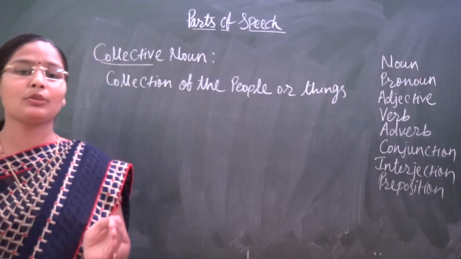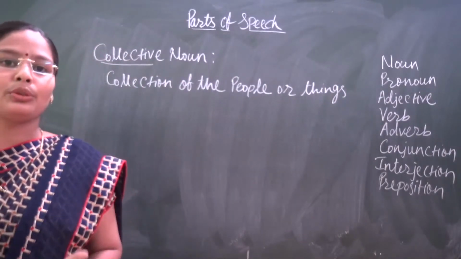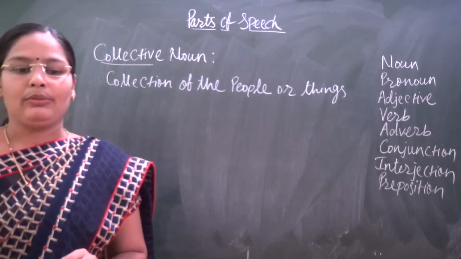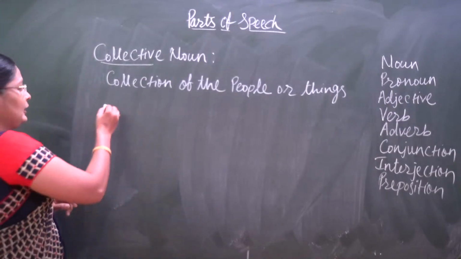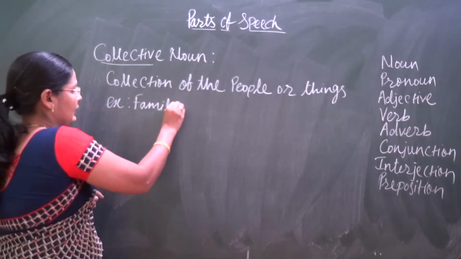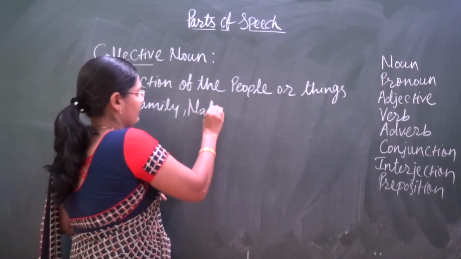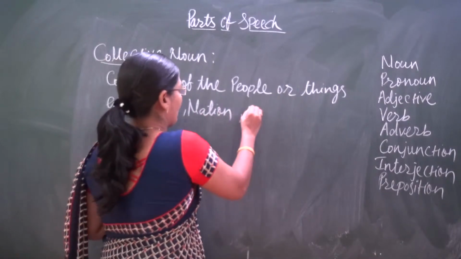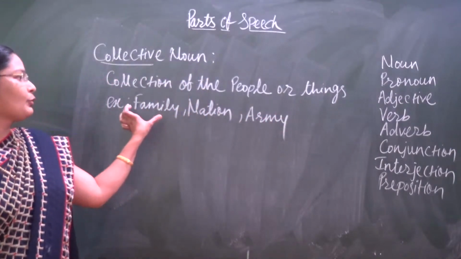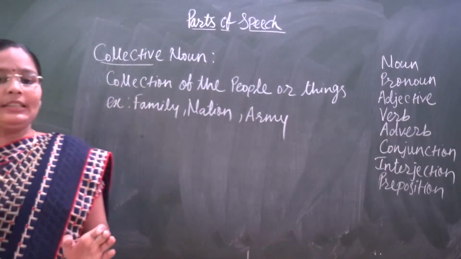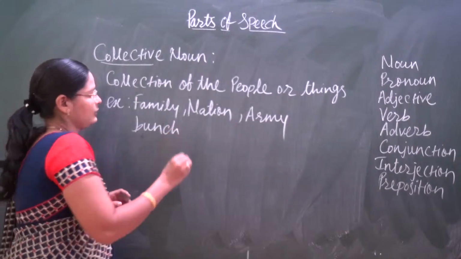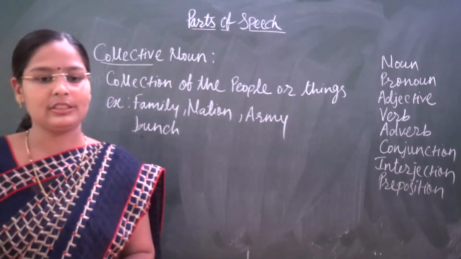Group of people, group of things. We take them together and give a name to it, that is called a collective noun. For example, family, nation, army. So these nouns are the group of people's nouns. Bunch, bunch of flowers. So these all are collective nouns.